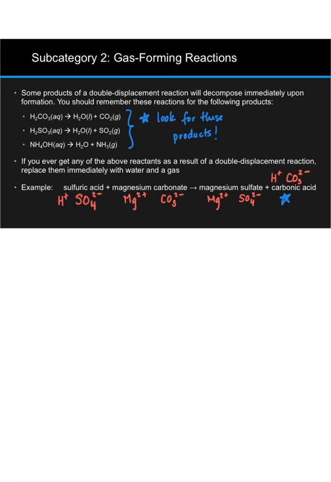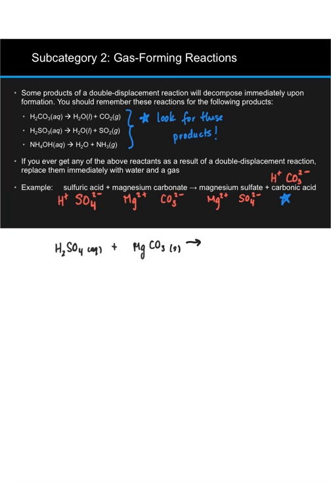This reaction can be written as follows. Sulfuric acid must be H2SO4. We need 2 H's for every sulfate. Acids are in the aqueous phase. Magnesium carbonate just needs 1 magnesium for every 1 carbonate. Carbonates are insoluble in water, but soluble in acid, so we should still expect a reaction.